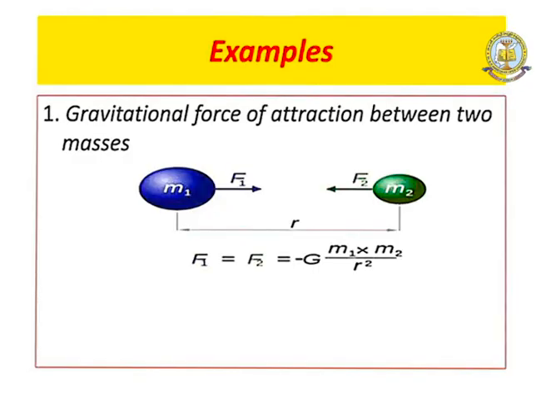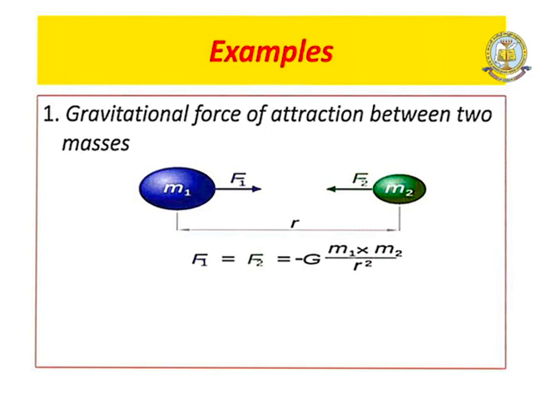An example of the central force is the gravitational force. Gravitational force acts between two masses, so this is an attractive force. F is proportional to m1 and m2, and these two masses are at a distance r, and it is inversely proportional to the square of the distance, that is F proportional to 1 by r square. So F proportional to m1 m2 by r square, that is F is equal to G m1 m2 by r square, and with the attractive sign, F is equal to minus G m1 m2 by r square.